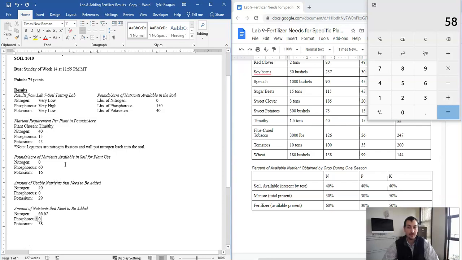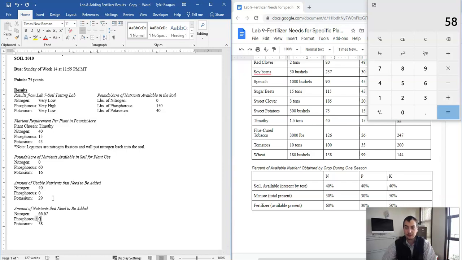Phosphorus, I don't need to add any. Potassium, I'm going to have to add 58 pounds of potassium fertilizer, a potash, assuming that only 50% of it is going to be used, to give me the 29 pounds of potassium that is needed in order to produce that commodity.